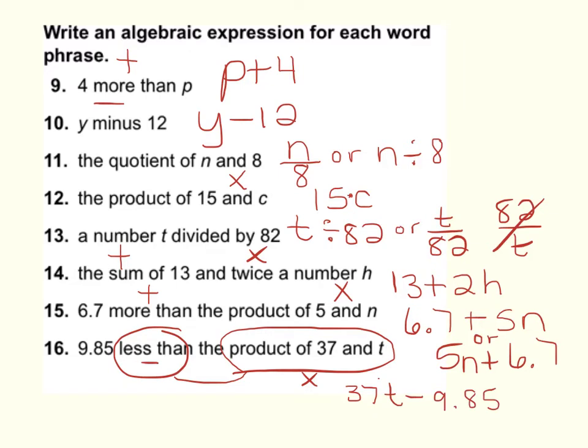So 9.85 less than the product of 37 and t. That's how we write an algebraic expression from a word phrase.